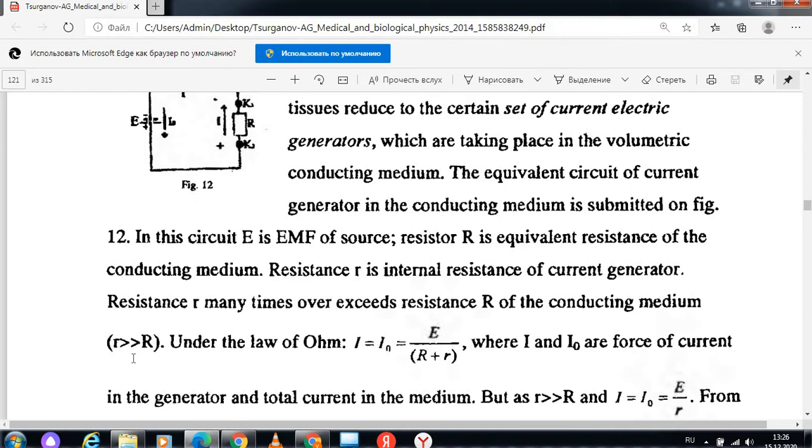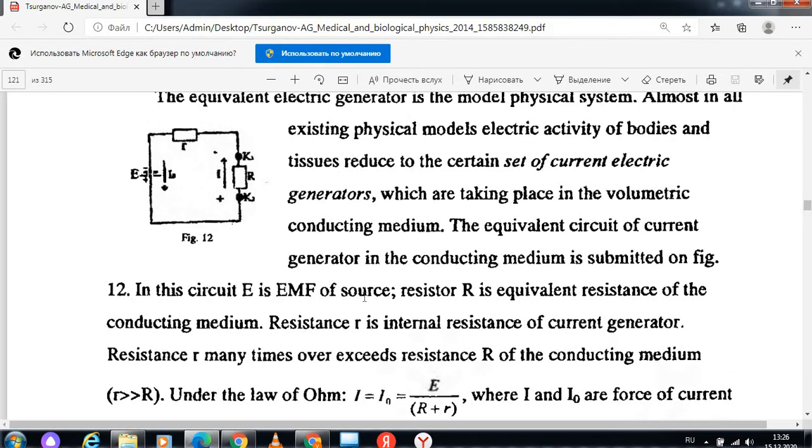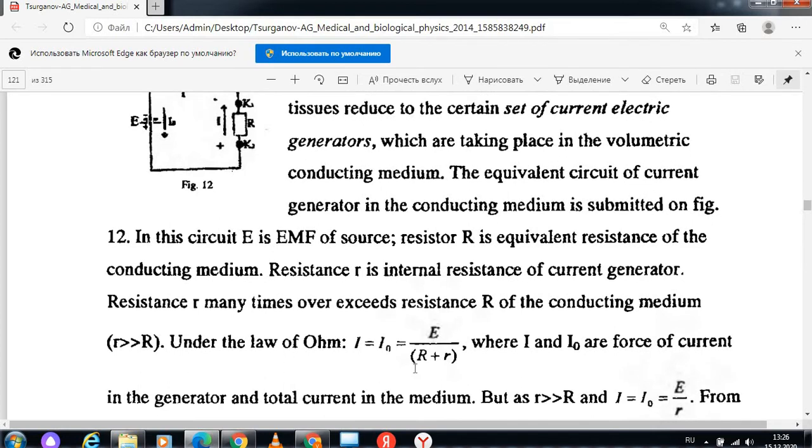And this will be equal to the intensity on the circuit. E is the EMF of the source, the electromotive force of the source, and this is your numerator, and the denominator will be the sum of two resistances.